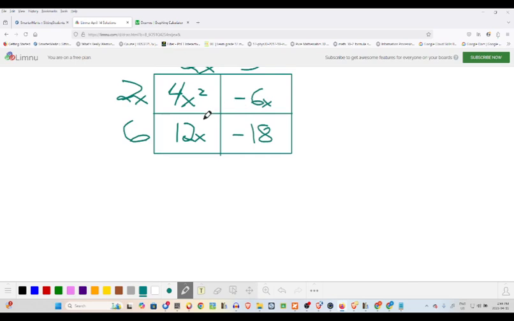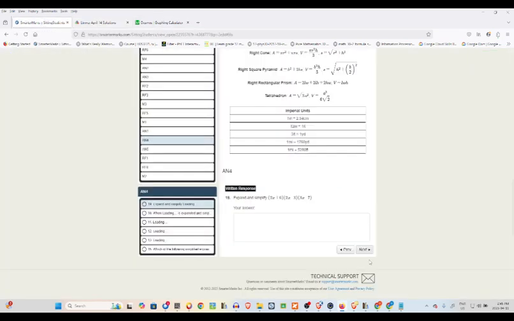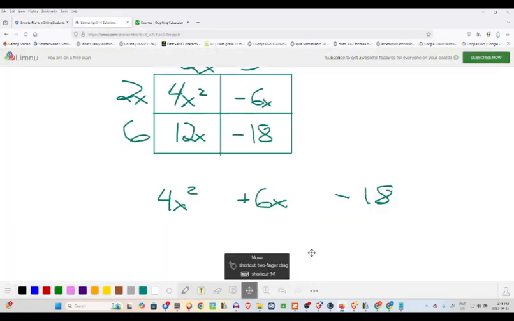Collecting our like terms along that diagonal, we're going to have a 4x squared plus 6x minus 18. And I have intentionally written those with space between them. So that'll be the heading of our new box method with a 3x minus 7 on the other side.